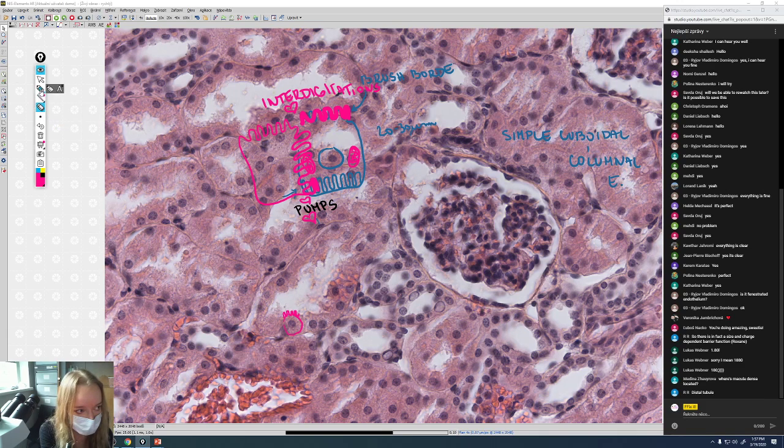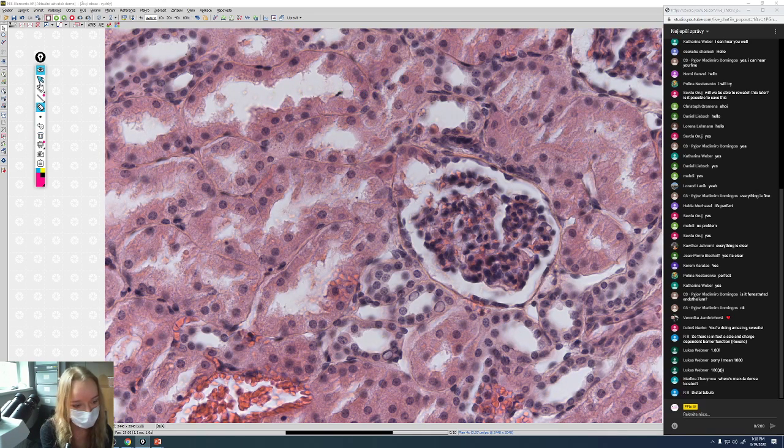They have got a basal labyrinth, so they can transport ions, and they have ion pumps in the basal labyrinth. A lot of mitochondria, so they're eosinophilic and big, so you cannot see all the nuclei here, but they're there, of course. Is that clear? I hope that's okay. But yeah, that was the proximal tubule.